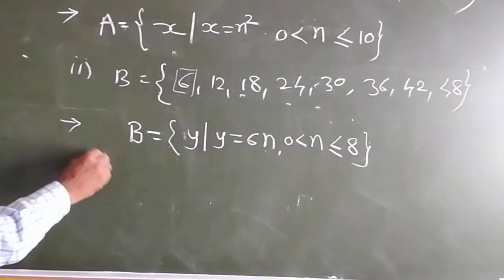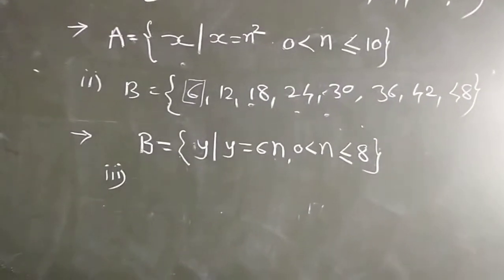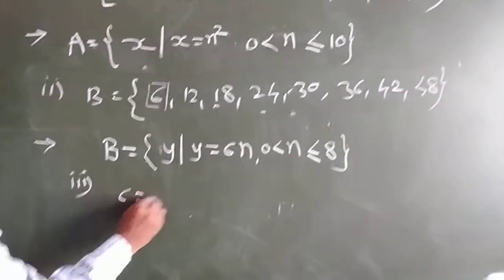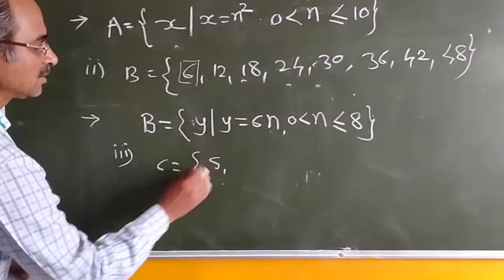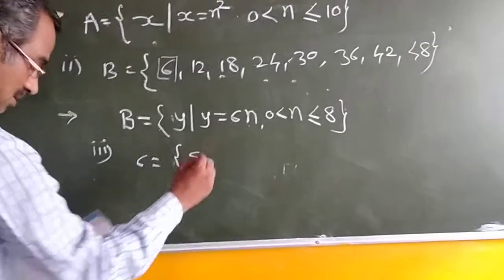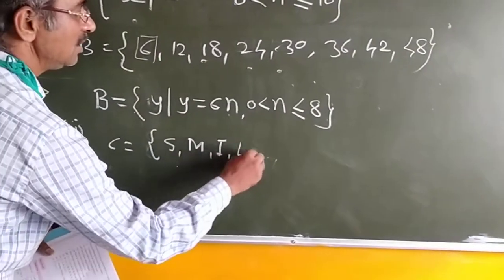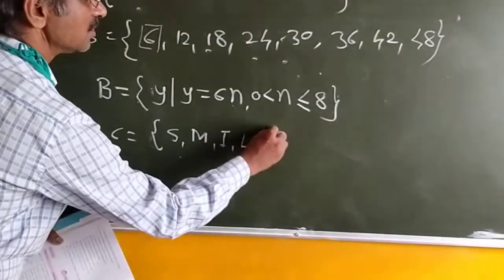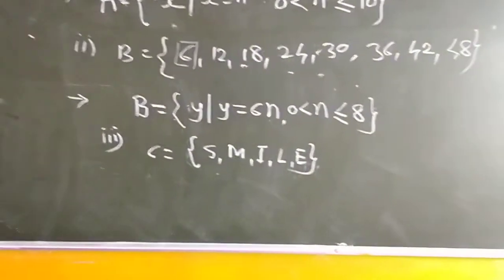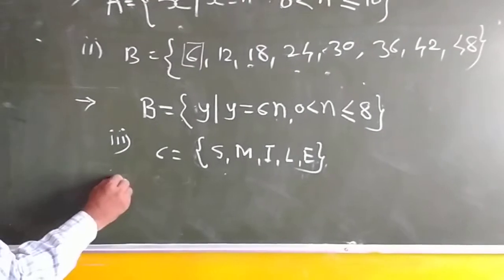The third one, C is equal to, in curly bracket, S, M, I, L and E. This is also written in a rule method.